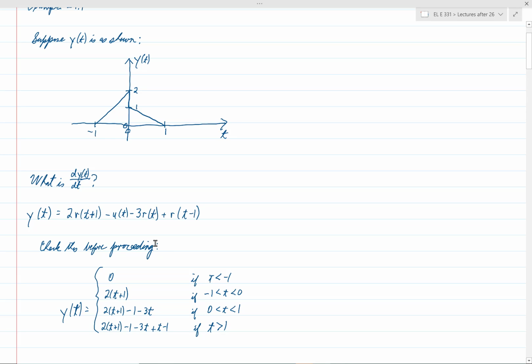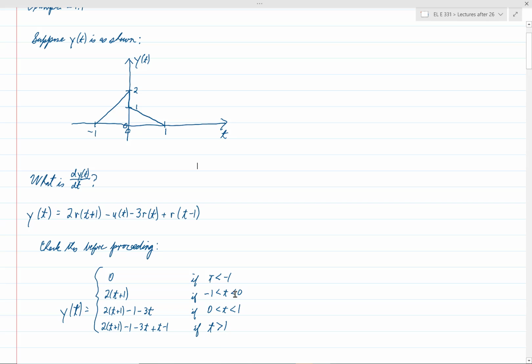So for t less than -1, nothing is turned on, and we have y of t equals 0. Then once we get between -1 and 0, there's just this one term that has been turned on, and so the function will be equal to 2 times t plus 1, because that's what r of t plus 1 is equal to once t plus 1 is greater than 0, which of course will be the case if t is between -1 and 0.